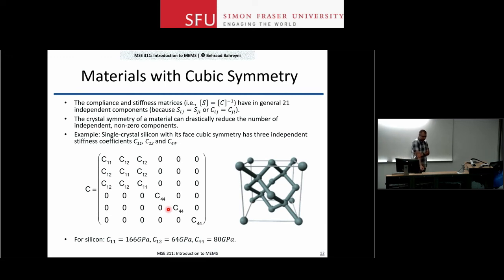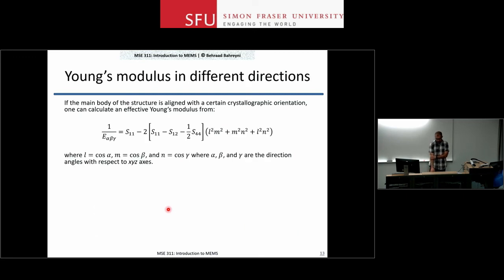What we do here is come up with a shortcut. We come up with an effective technique that lets us find an effective Young's modulus for any direction in your crystal, and this is extremely helpful.